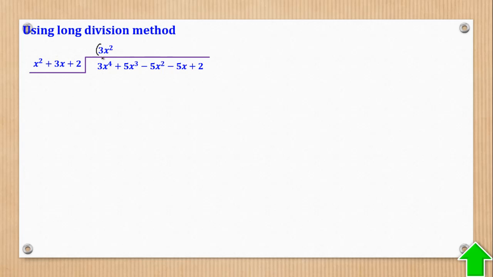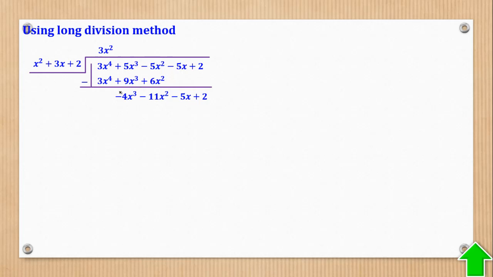Then next, this one multiply throughout by this, you'll come up with this. After that, you subtract the 2. You'll come up with this minus that cancels this with this, this with this, and this you subtract nothing, you come up with that.